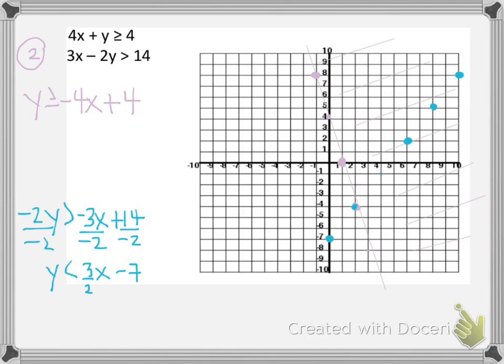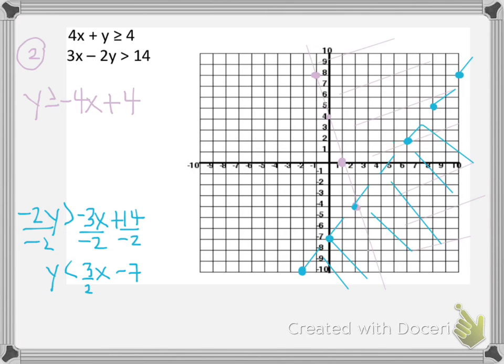Down 1, 2, 3, over 1, 2. Okay, so that linear inequality is going to be a dotted line. So it's y is less than 3 halves x minus 7, so it's going to be everything below.